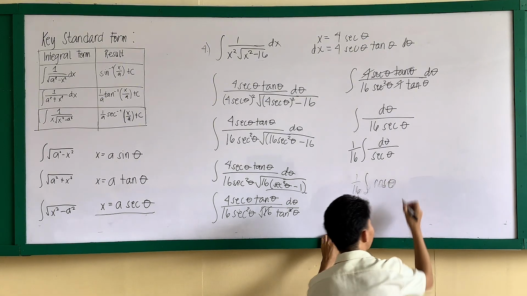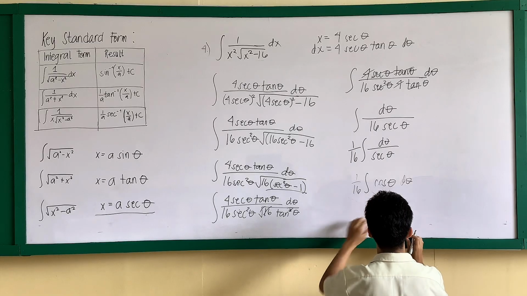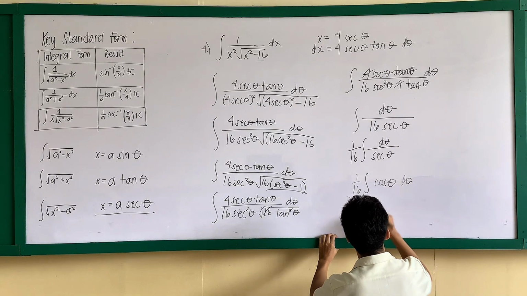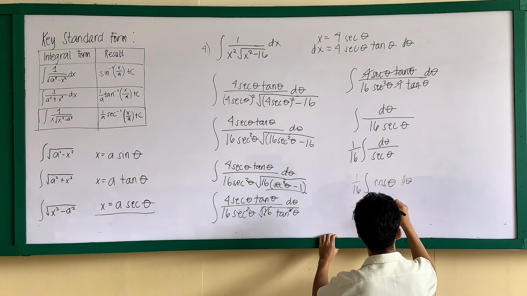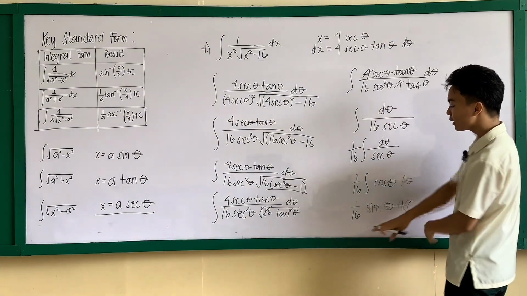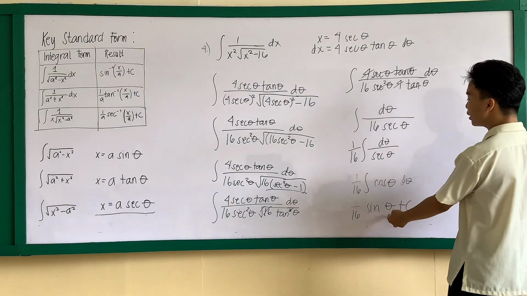Next is we have to integrate cos theta, which will be sin theta plus c. So now this is not our final answer yet. We need to find the value of theta.